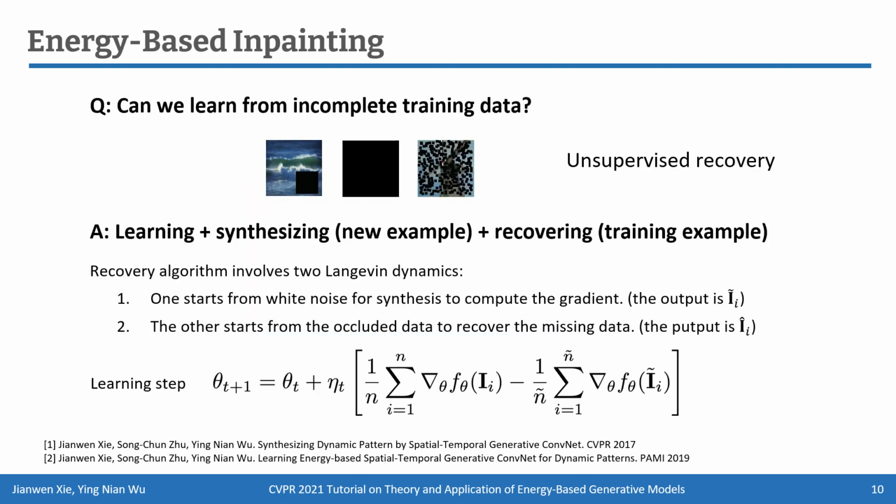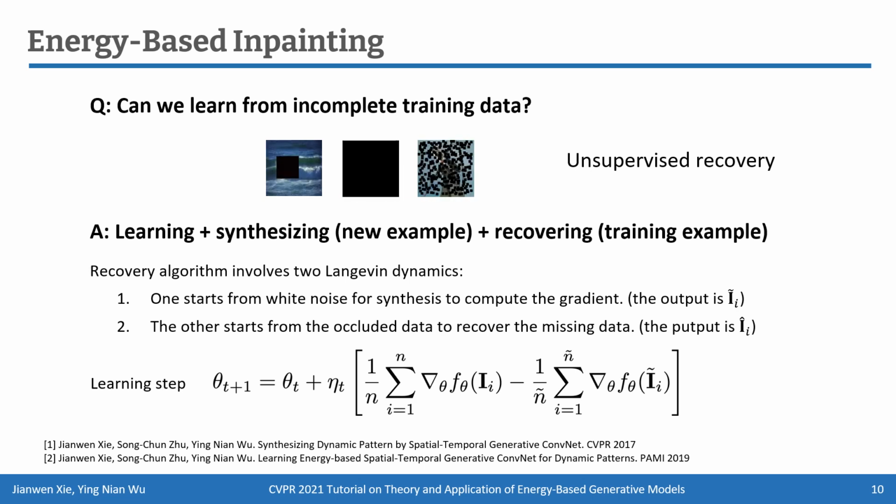The energy-based spatial-temporal generative ConvNet can learn from videos with occluded pixels. This task corresponds to unsupervised video in-painting or recovery. Since in the training stage, the model doesn't have fully observed training data, the learning algorithm of the energy-based model for complete data can be adapted to this application with minimal modification.